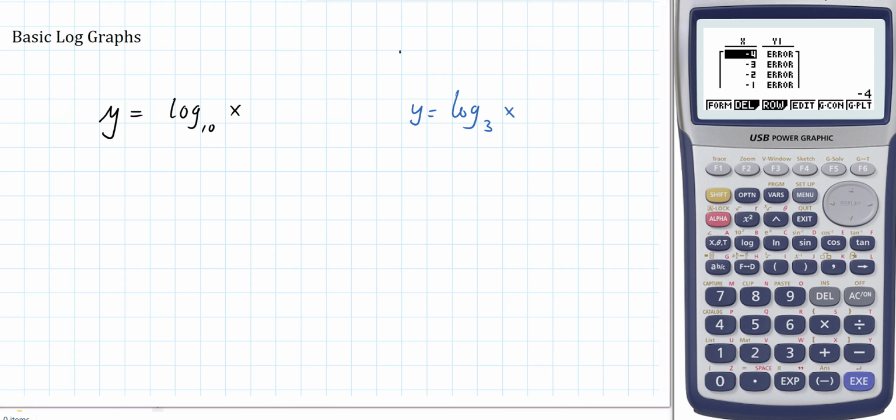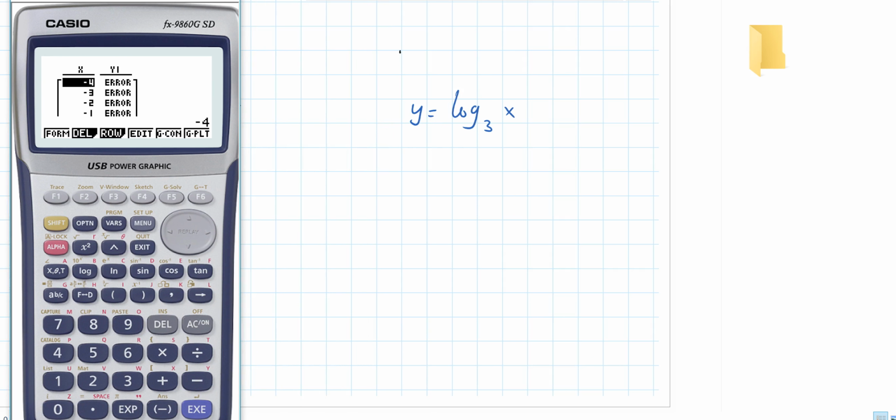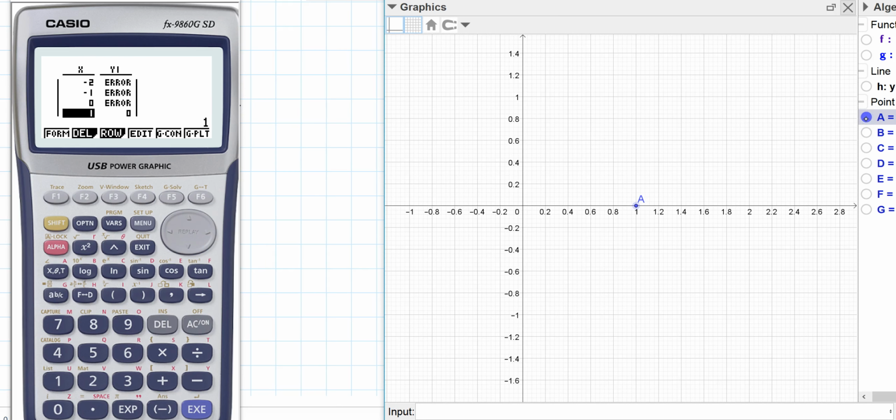So let's go and have a look and see what's happening on the graph of this. We get the graphing package up. Here we are. Let's just take it over to the side. There we go. And let's find some points that we can plot. Well, we can't plot any of those. We can plot when x is 1. We're going to get that y is 0. We keep going down.